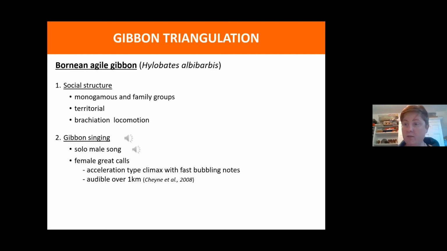We also know that the song can travel over a wide distance, at least up to 1 kilometer, probably farther in areas with mountains. And the duet itself, which indicates that we have a paired family group, is a complex and stereotyped vocal interaction. So a complicated way of saying that it's a duet between two mated individuals in a family unit.